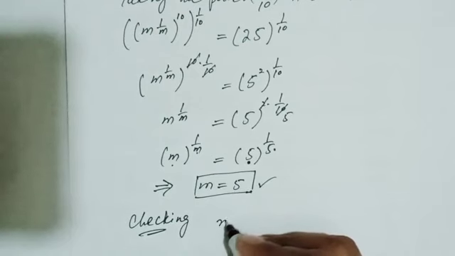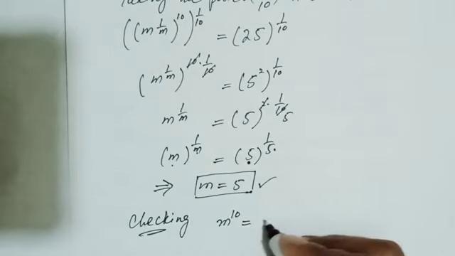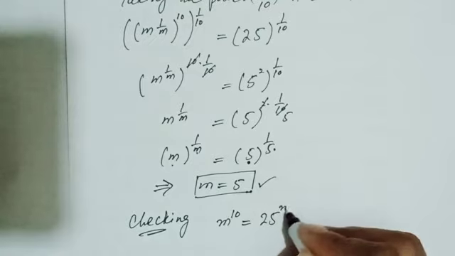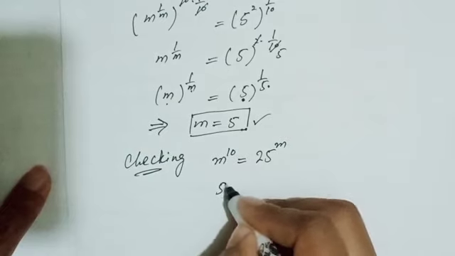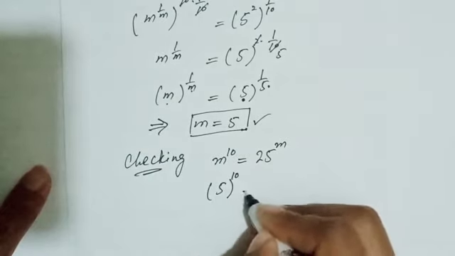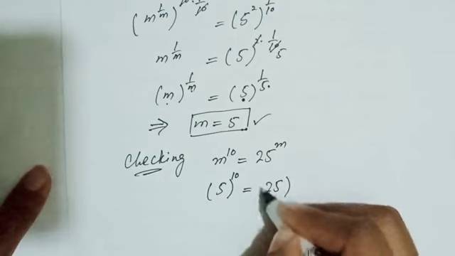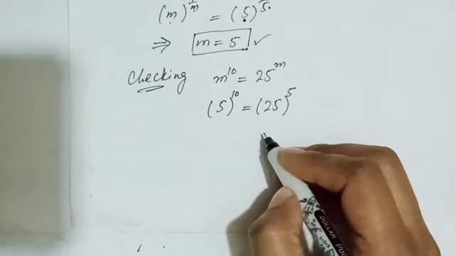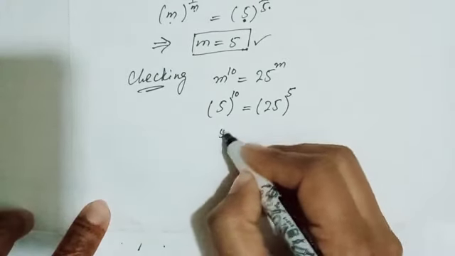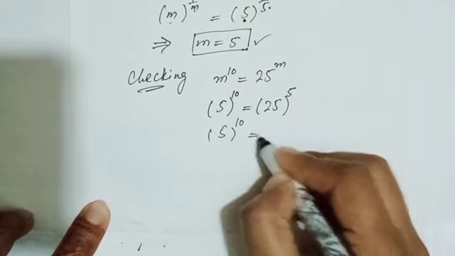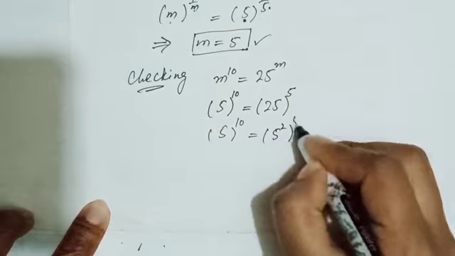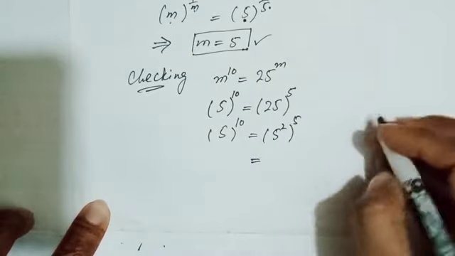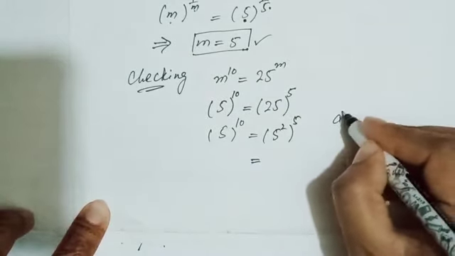Here the equation is m to the power 10, 25 to the power m. So here I'm going to put m equal to 5: 5 to the power 10, 25 to the power 5. Write this as 5 to the power 10, and 25 can be written as 5 square, and I am going to use here the rule.